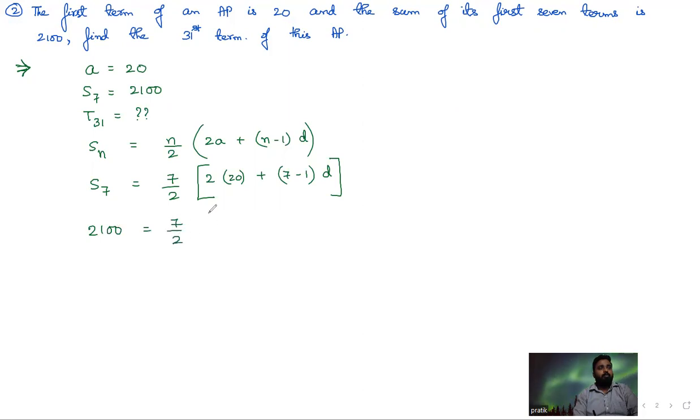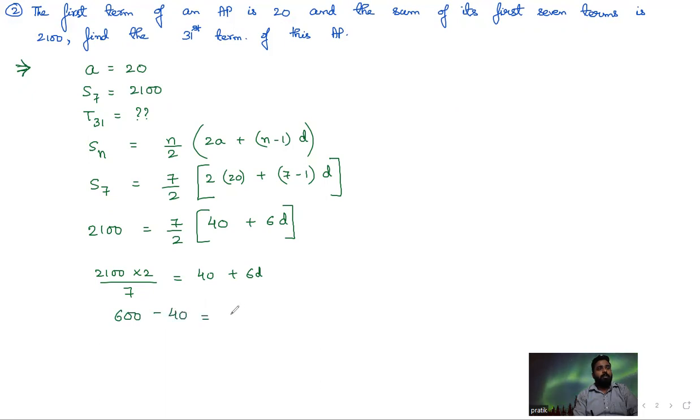7 by 2, this is 40, correct, plus 60. Yeah. So this becomes 2100 into 2 by 7 equals 40 plus 60. 7 3s are 21. 300 into 2 is 600.